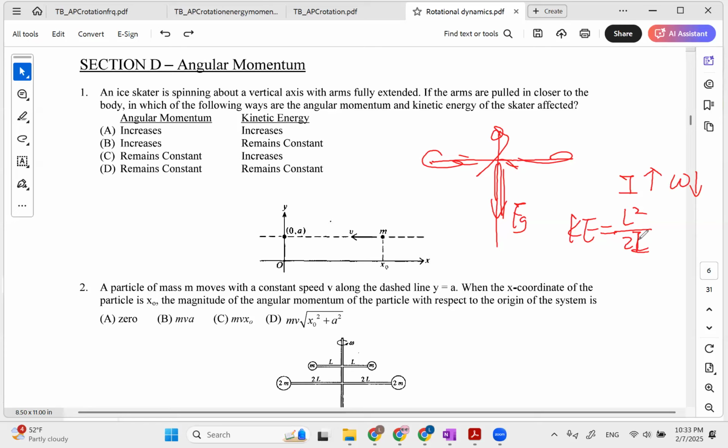You got it? So kinetic energy will increase when you pull your arm closer. It's bigger, right?